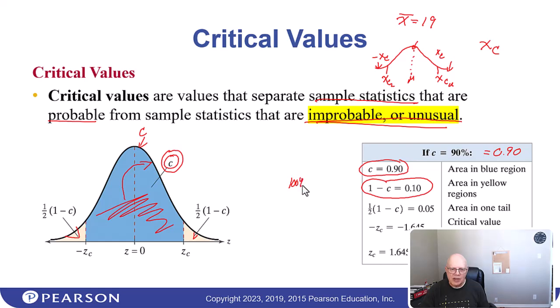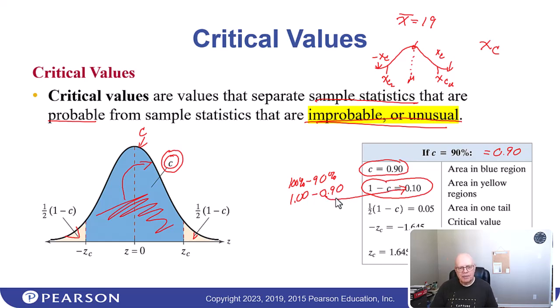100% minus 90%. Another way of putting that is 1.00 minus 0.90. And there is what we're going to have in the yellow regions, the far left and the far right.